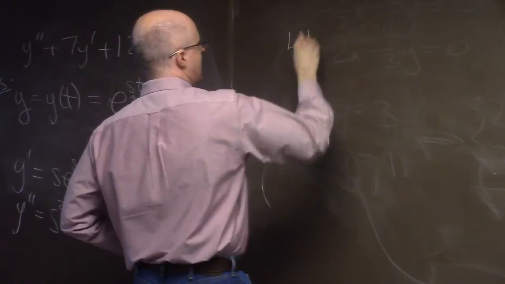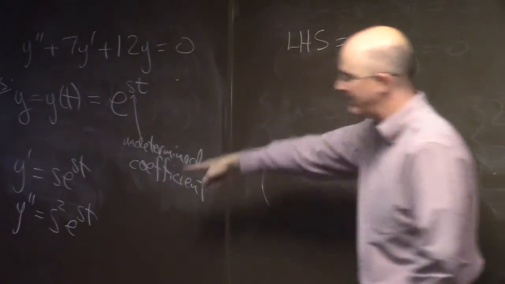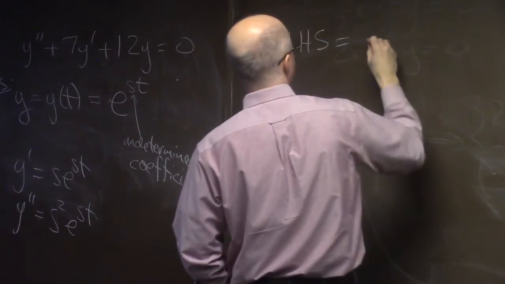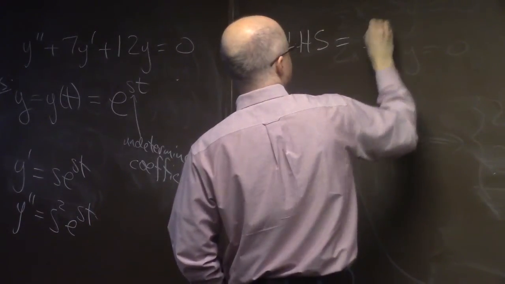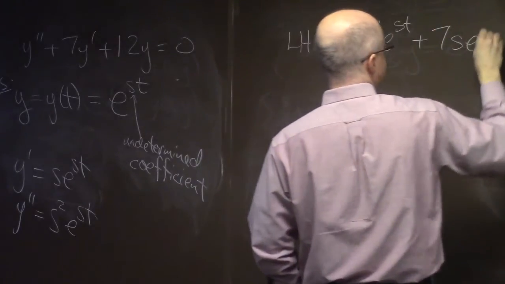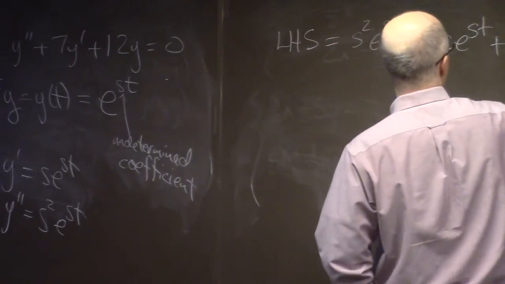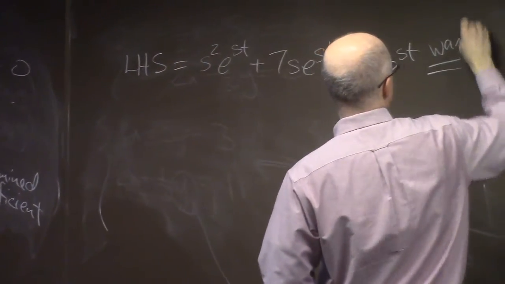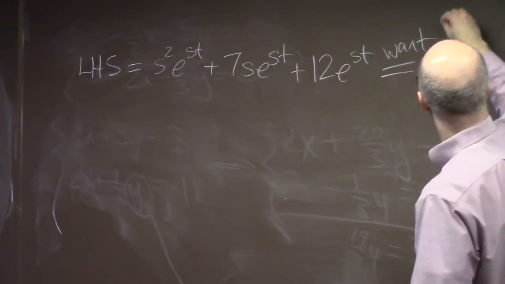The left-hand side of the differential equation, upon substituting this function, becomes s squared e to the st plus 7s e to the st plus 12 e to the st. You want this to equal 0 for all t.